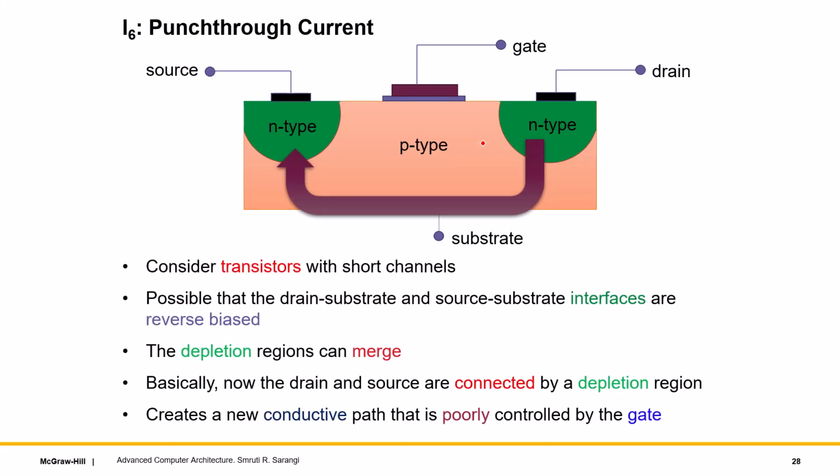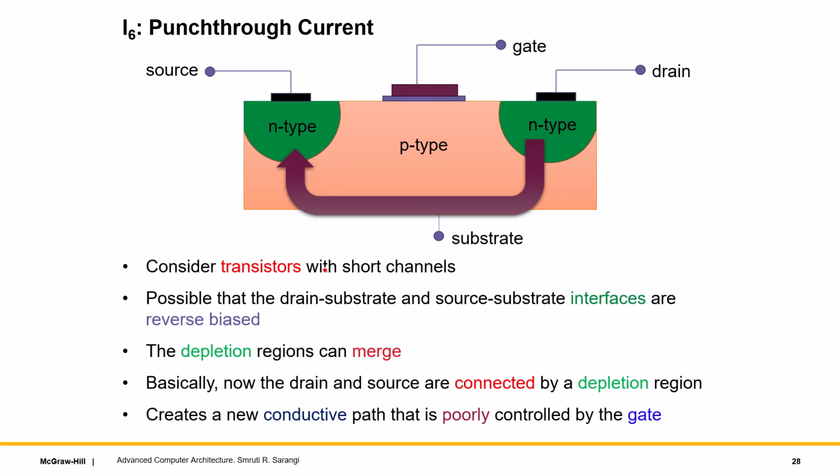Finally, punch through current. Punch through current, as the name suggests, is kind of a forceful current, right? So the word punch, that's what it suggests. You consider the transistors to be short channels, right? So this, anyway, the gate should have been slightly wider, but still, cut some slack for me, please.